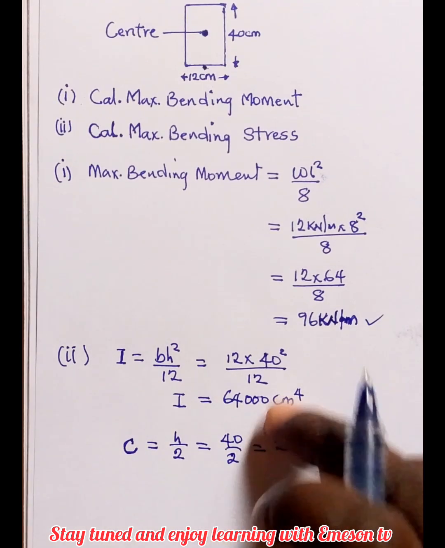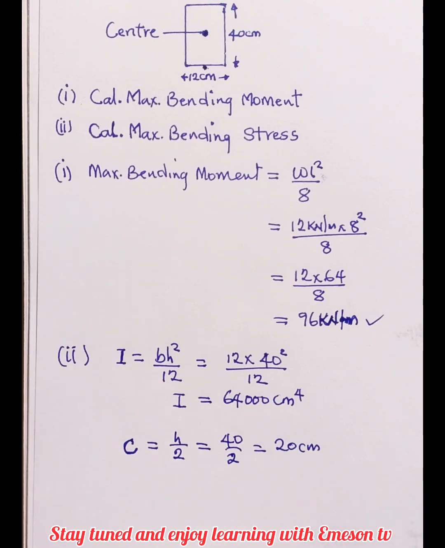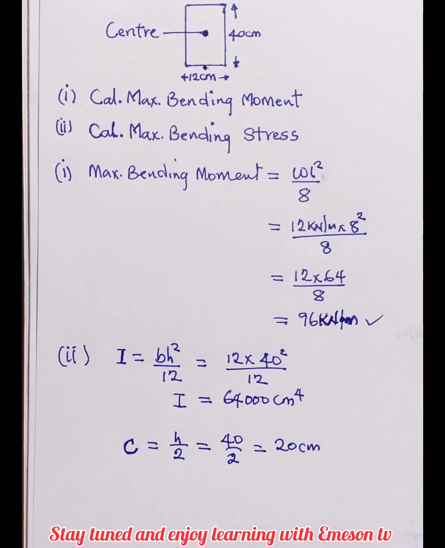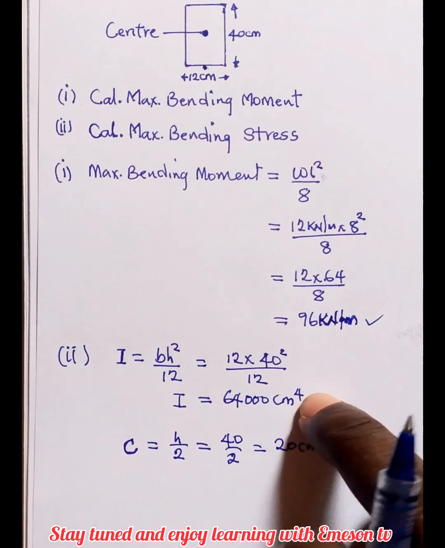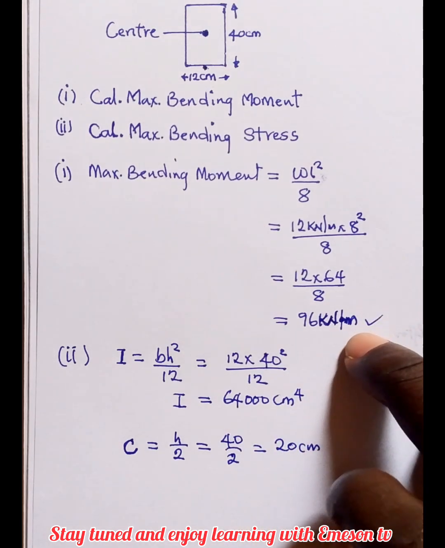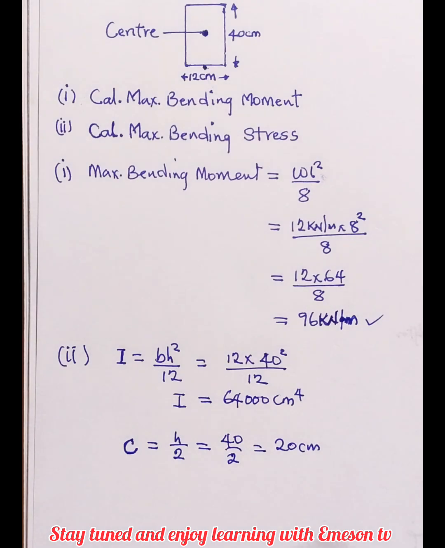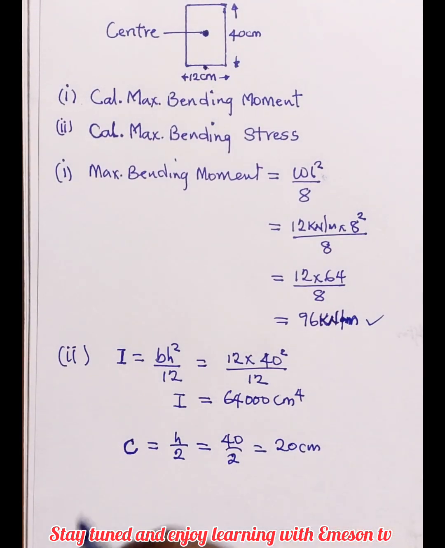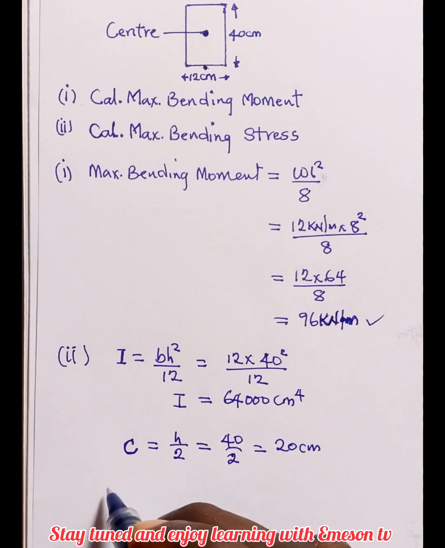So having gotten these two, the knowledge of the maximum bending moment is important, but because these values are in cm, cm to the power of 4, you also convert this kilonewton meter to Newton cm. So how do we do this conversion? Let's convert this maximum bending moment value. We have 96 kilonewton meter.